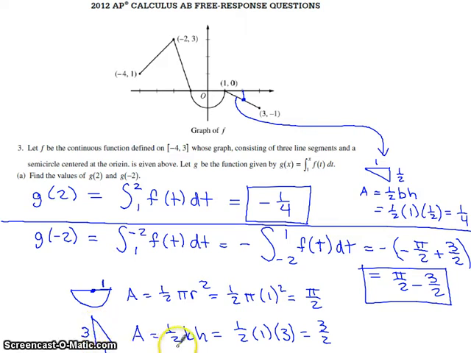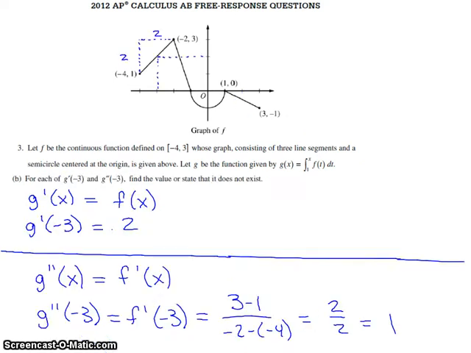And so if we use 1/2 base times height on that, we get 3/2. Now the only other catch is that this area that turned out to be pi over 2 square units is below the x-axis. So we have to make that negative whenever we're putting down our answer for the definite integral. And then this is above the x-axis, so it stays positive. And then if you distribute the negative that we had to involve in order to switch the limits of integration, you end up with this for the value of g of negative 2.